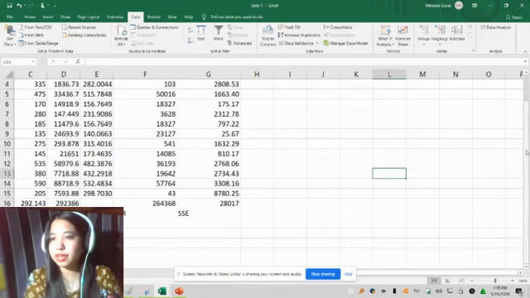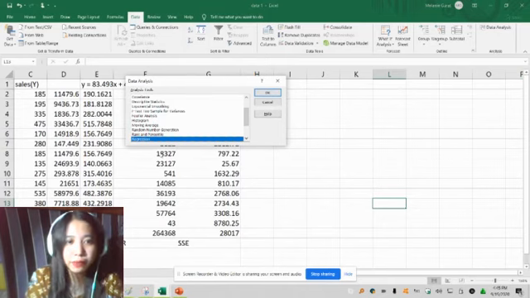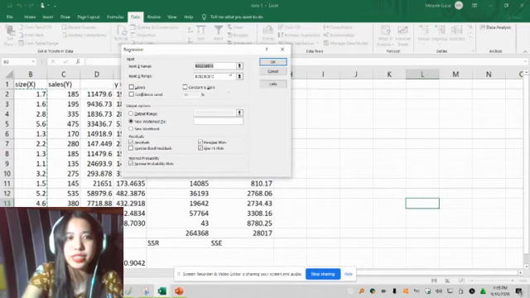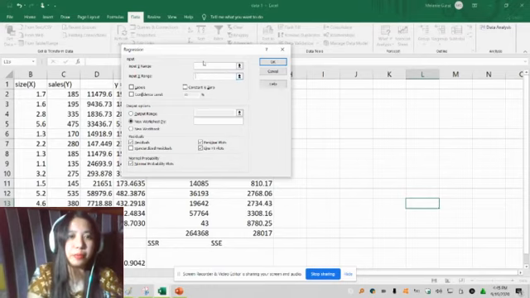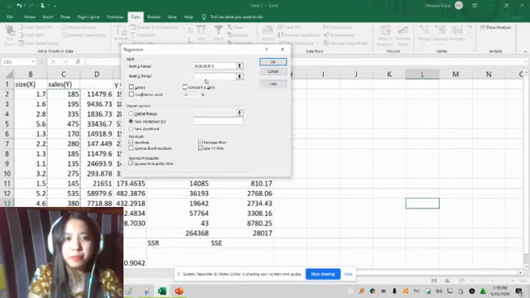So let us do the data analysis. So click Data, locate Regression, click OK. And then, of course, when it is your first time to open this, you cannot find the values here. So you need to place your input here. So Y values is, of course, the sales. So you just need to select it.